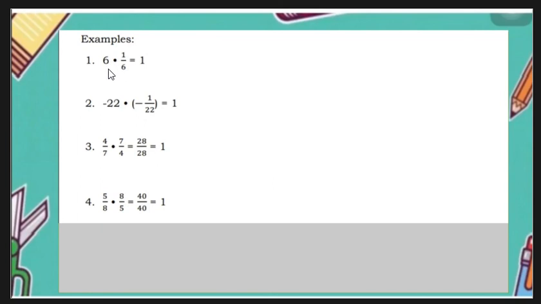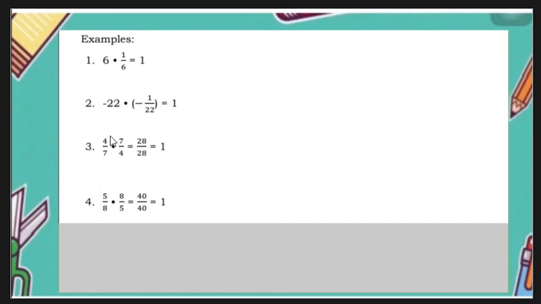So therefore, 6 over 1 times 1 over 6 is equal to 1. Another one, we have negative 22 times the reciprocal of negative 22, which is negative 1 over 22, is equal to 1. Okay? Always the result is 1.